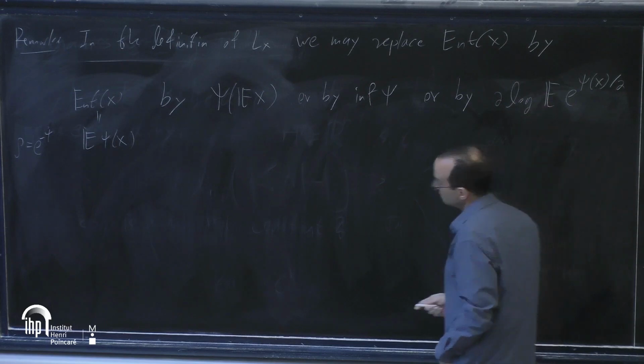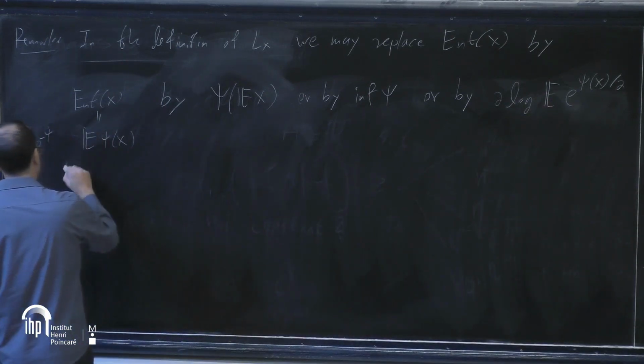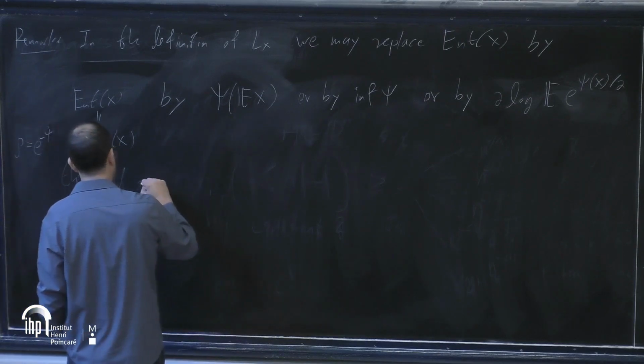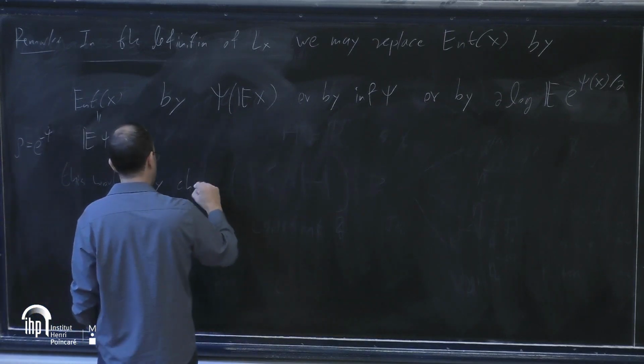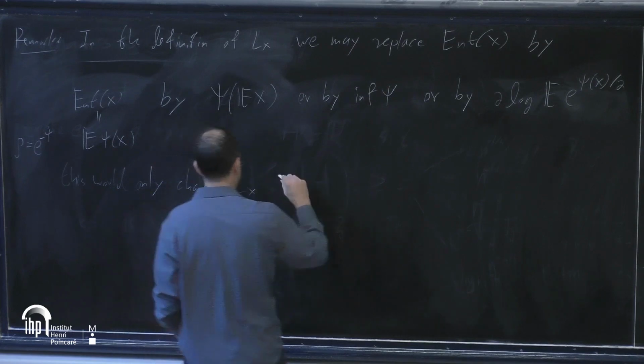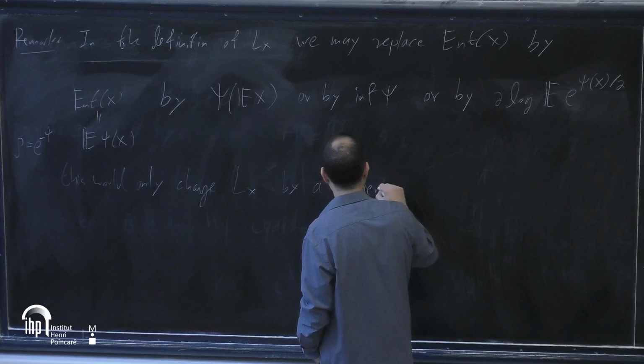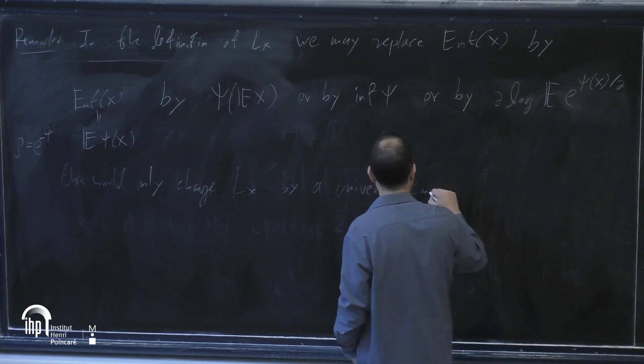All of these would only change L_X by a multiplicative universal constant. And since in this slicing problem we only care about that, this doesn't really matter.